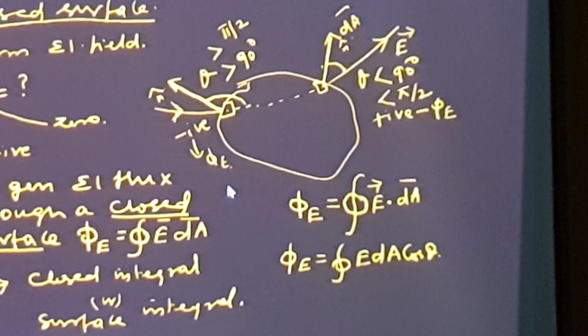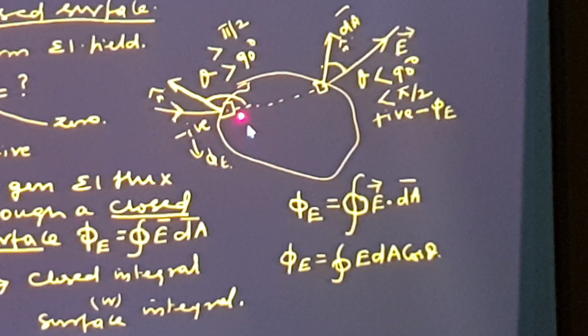So in order to explain this, I am again considering this diagram. At the entry part, I am considering a small surface dA. If I drop the normal n vector or dA vector, the angle between the normal drawn to that surface and the electrical line is greater than 90.